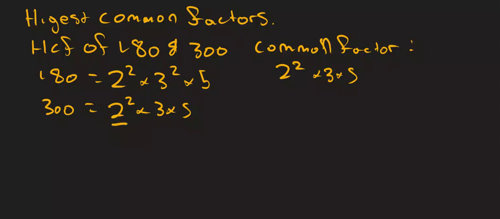In this case, it was 2 squared. We have a 3, but it's not the highest common power, since one number has 3 squared and the other has just 3. Right. And since we only have 5 to the 1 and 5 to the 1, we just take 5 to the 1. So this is our highest common factor.